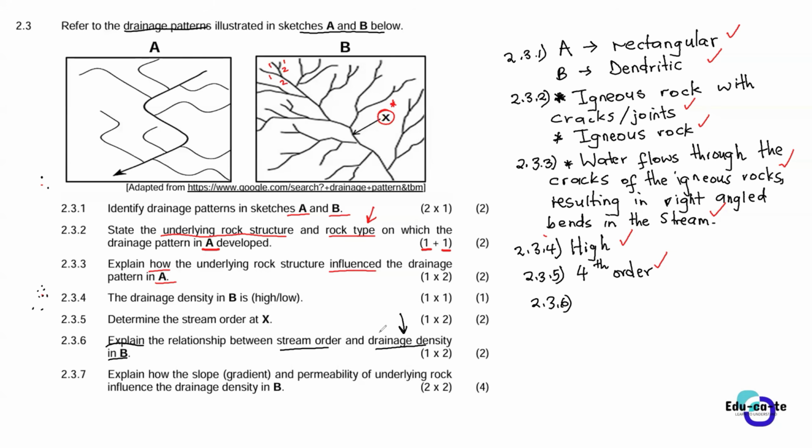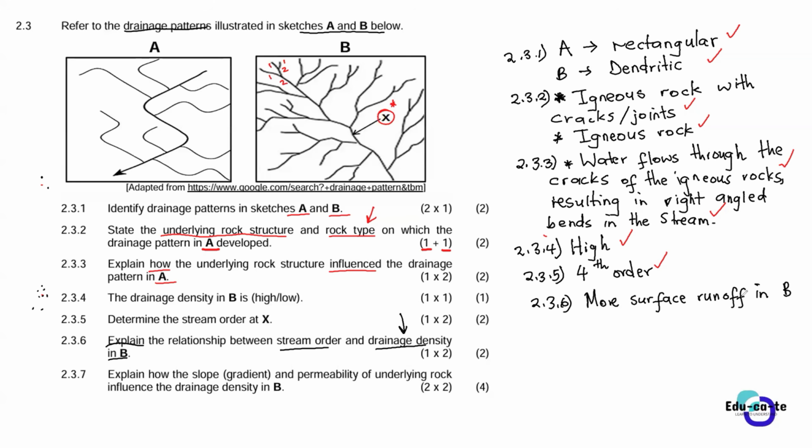They said explain the relationship between stream order and drainage density in B. So the drainage density at B is higher. So it means that we're having more surface runoff, guys. There's more surface runoff in drainage pattern B because there's a higher drainage density, right?